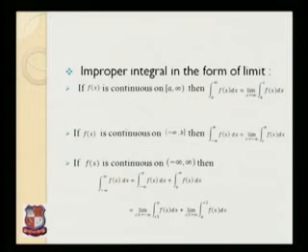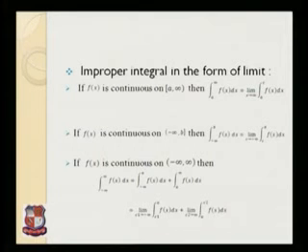Next, before studying the examples of improper integrals, we want to discuss the limit form of the improper integral. The first statement is: if small f of x is any continuous function on the closed interval a to infinity, then the integration of f of x from a to infinity is equal to the limit c tends to infinity of the integration from a to c of f of x dx.